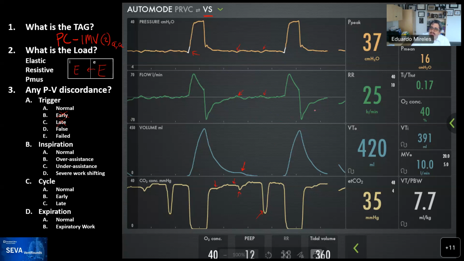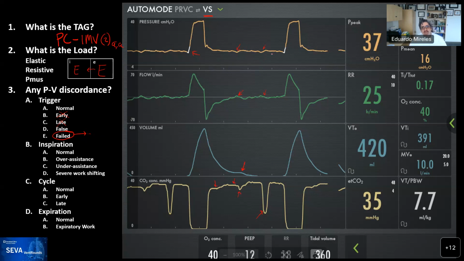Rob, thoughts? Looks good. Yeah, so initially when you see this, you would feel that this is a classic image for somebody that has what we would call a failed trigger, and this is basically that the patient is doing PMOS, and it's not triggering the ventilator, and you see some aberrancies on the flow and the pressure waveform that supports that.